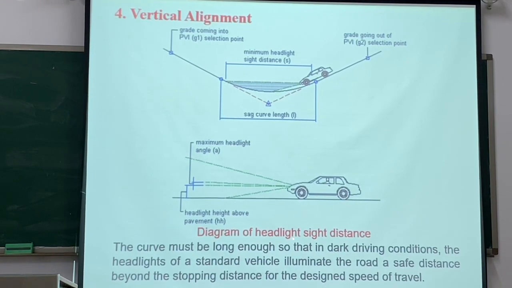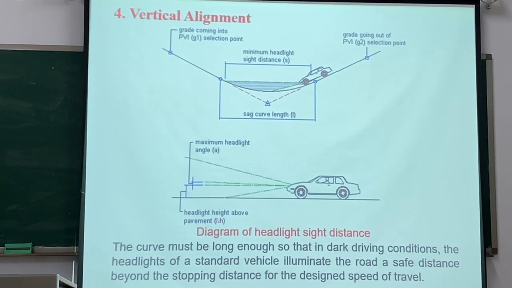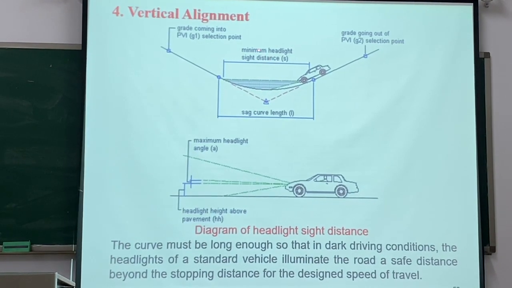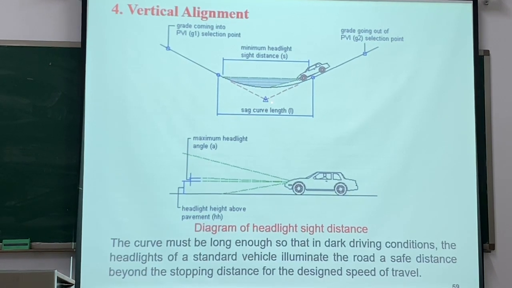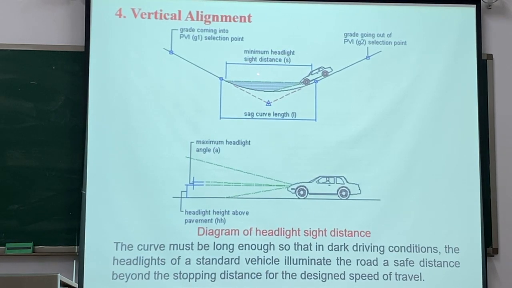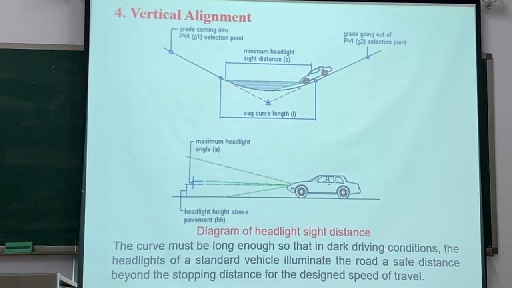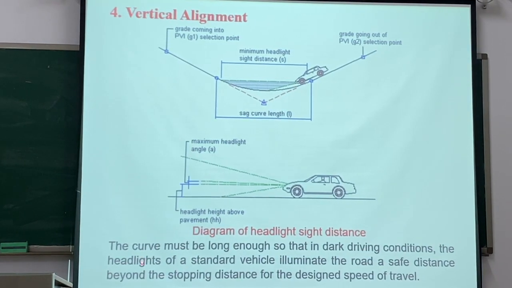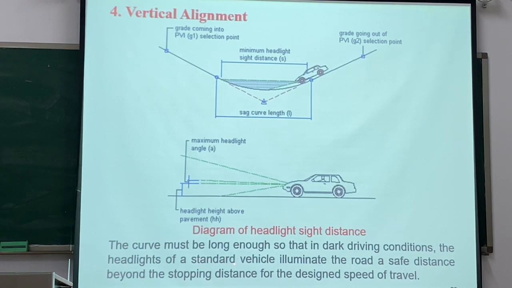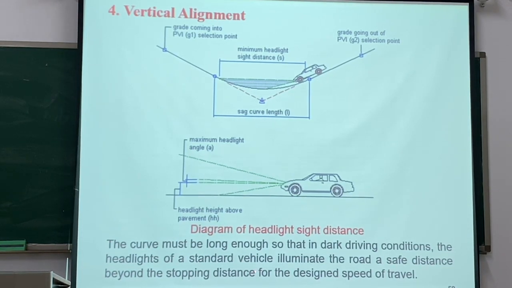Diagram of headlight sight distance. From this, we can know the sag curve's minimum headlight sight distance. The curve must be long enough so that in dark driving conditions, the headlights of a standard vehicle illuminate the road a safe distance beyond the stopping distance for the design speed of travel.